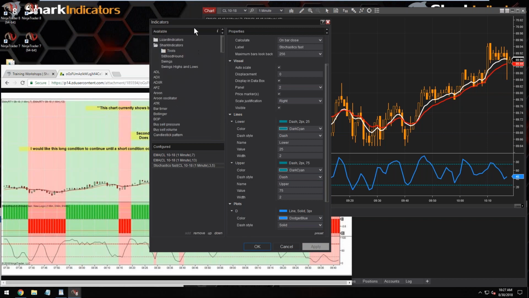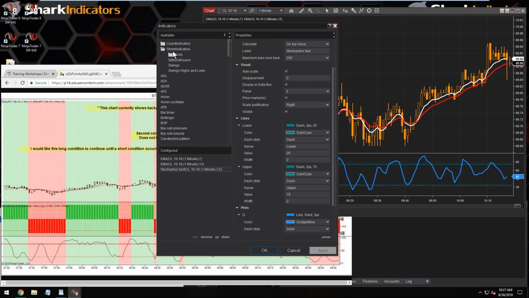It's kind of neat. I like this new feature of NinjaTrader 8 where developers can group all their indicators together inside of folders down here. You'll notice there's a Shark indicators folder at the top, and I also have a bunch of LizardTrader indicators installed.